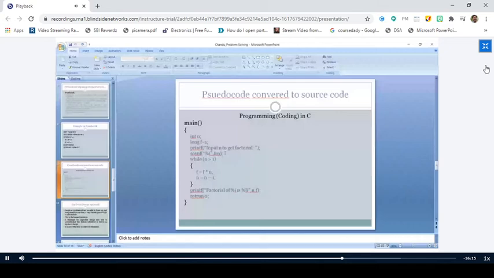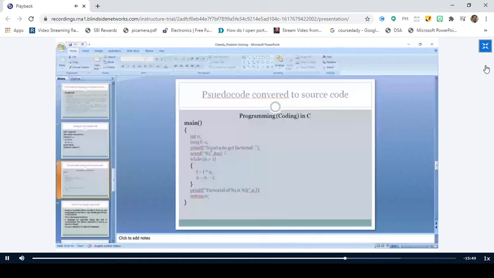An algorithm is nothing but a step-by-step procedure to solve a particular problem, and a flowchart is where you convert the algorithm into a graphical manner. That graphical way of representing the algorithm is called a flowchart. These two topics we have discussed elaborately, and the new term which we have come across here is the pseudocode, right?